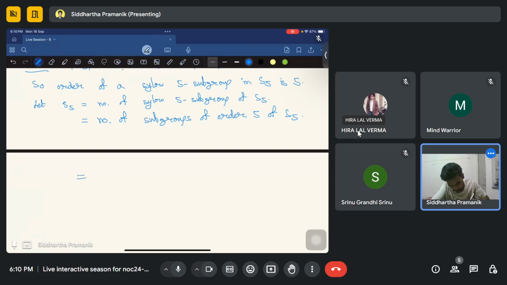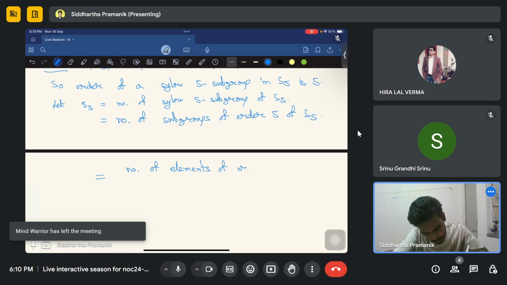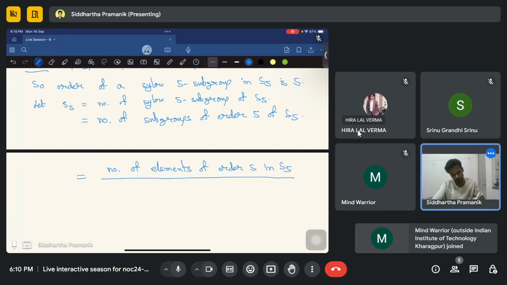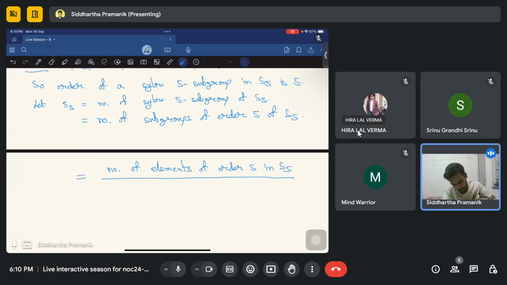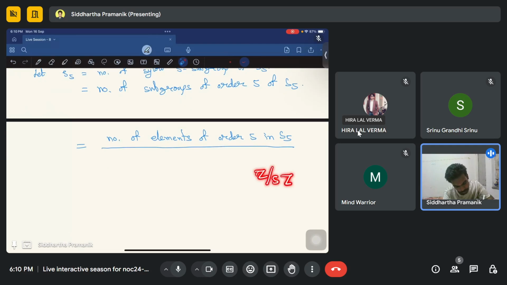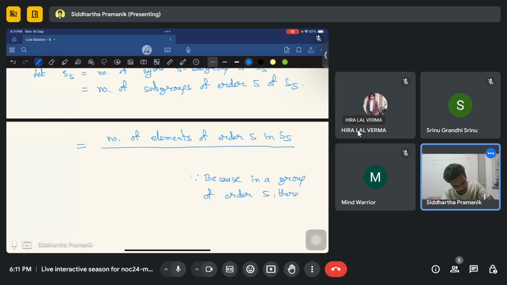Because it is the number of elements of order 5 in S5 divided by 4, since in a group of order 5 there are exactly 4 elements of order 5.